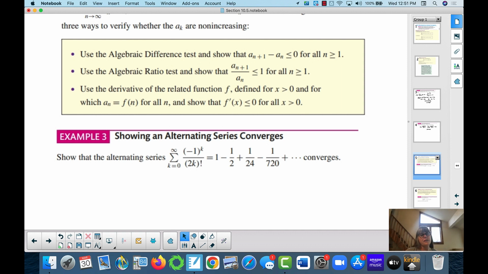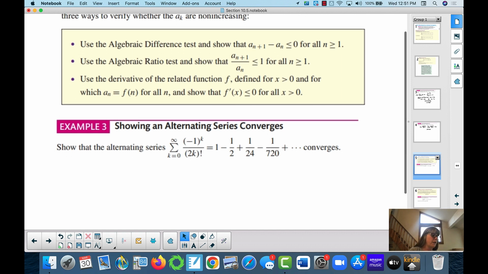And again, it just takes practice to see which one of these tests is going to be easier to use. So in this example here, we have the factorial. Anytime you have the factorial, the ratio test is going to be easier, and I'll show you why.